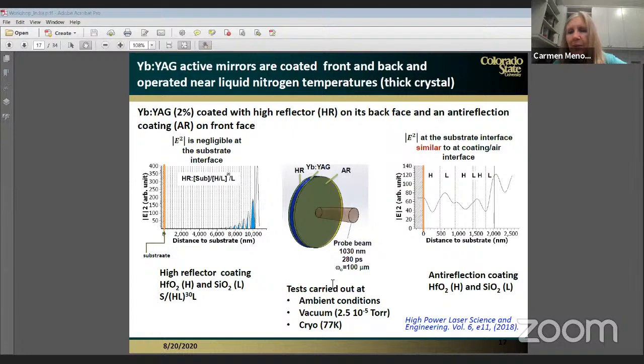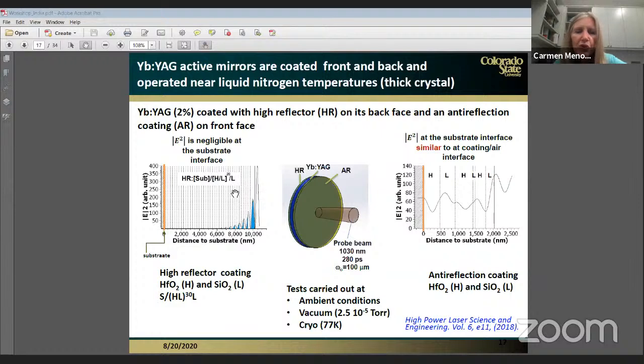Some of the problems we are interested in are about putting coatings on the crystal amplifiers, which look like this. They are, for example, ytterbium YAG, and on one of the surfaces we add an anti-reflection coating, and on the other one we put a high reflection coating.